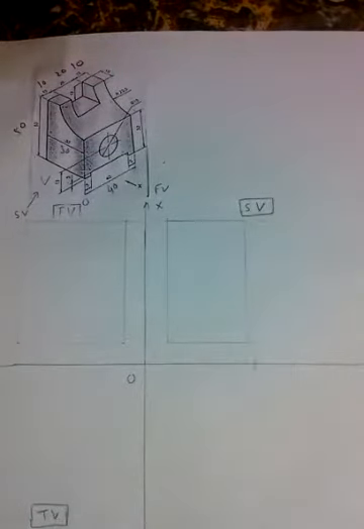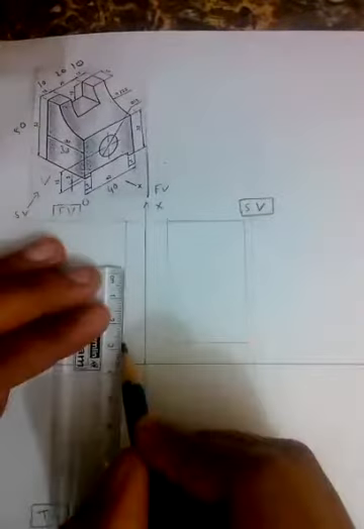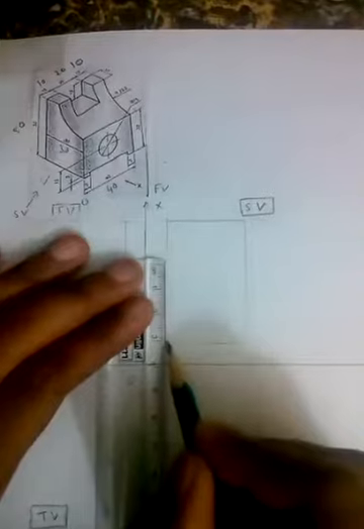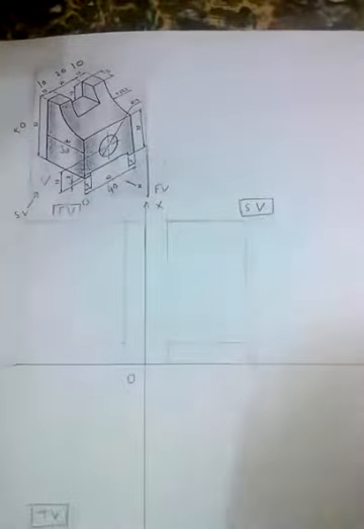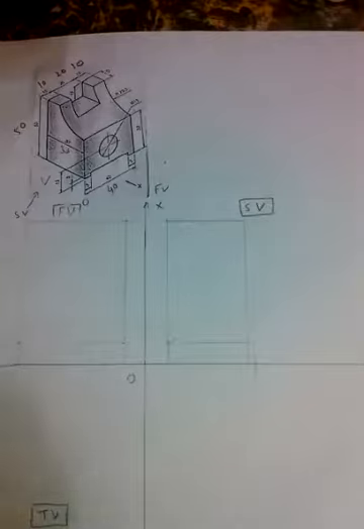Now for drawing the boundary for the top view, the same thing applies. There is no need to observe the diagram. You will just project the lines. I will project this line up to the axis, this line up to the axis, and this line up to the axis. Then just take a rounder, and now your top view will be here, so we have to just project these lines like this.